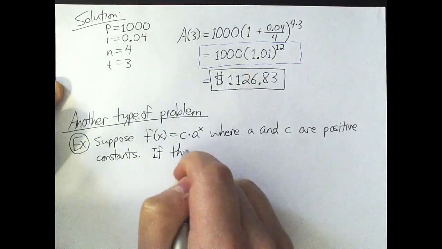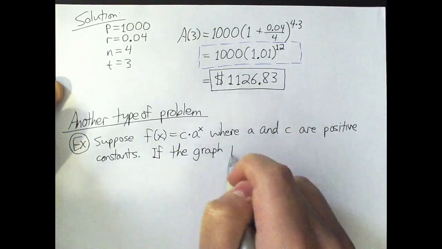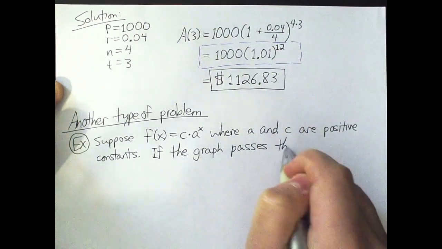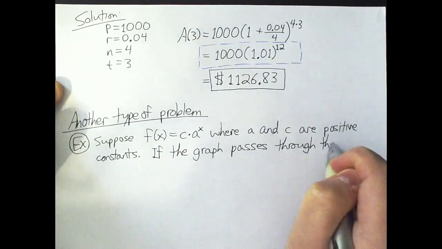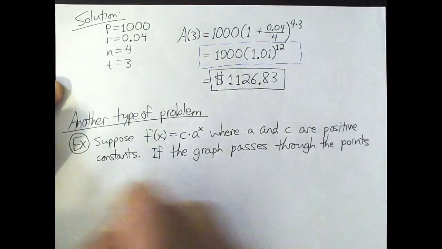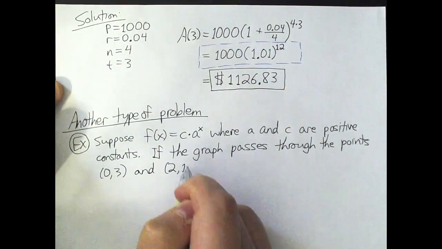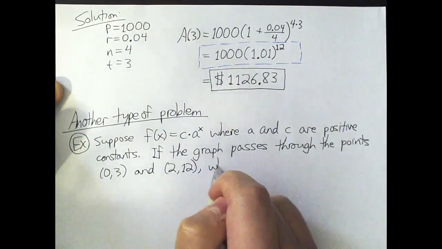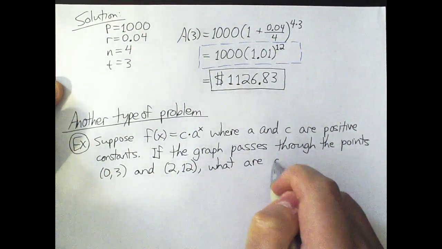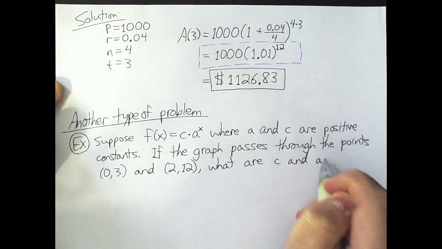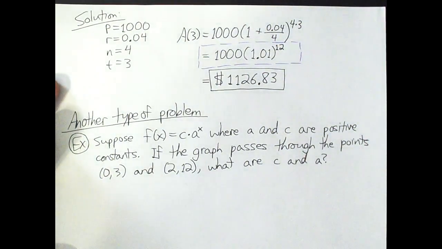If the graph passes through the points (0, 3) and (2, 12), what are c and a? All right, this is a different looking problem, and I don't want to give this one away. I want you to try this, so I would suggest that you pause the video, spend a couple of minutes trying this, and then we'll talk about it.